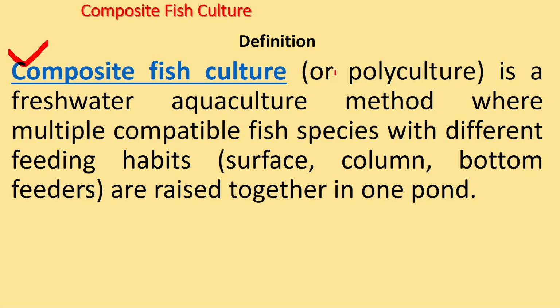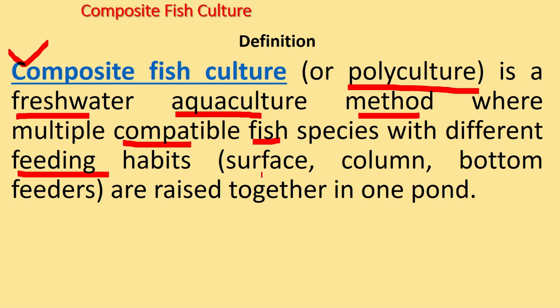Composite fish culture, also called polyculture and sometimes mixed culture, is a freshwater aquaculture method where multiple compatible fish species with different feeding habits, like surface feeders, column feeders and bottom feeders, are raised together in a single pond.